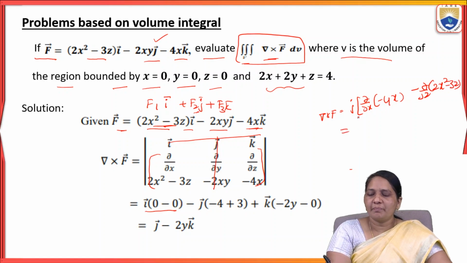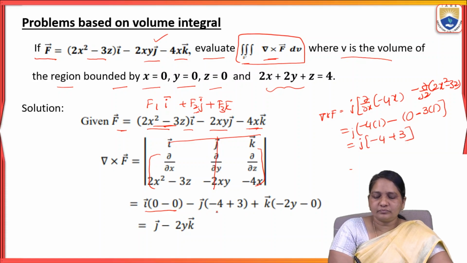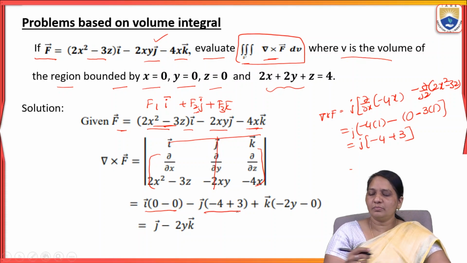So dou by dou x of minus 4x means j into minus 4 into x derivative is 1, minus dou by dou z of 2x square, that is 0, 2 is constant, x is constant, minus 3 into z is 1. This value is finally j into minus 4 plus 3.